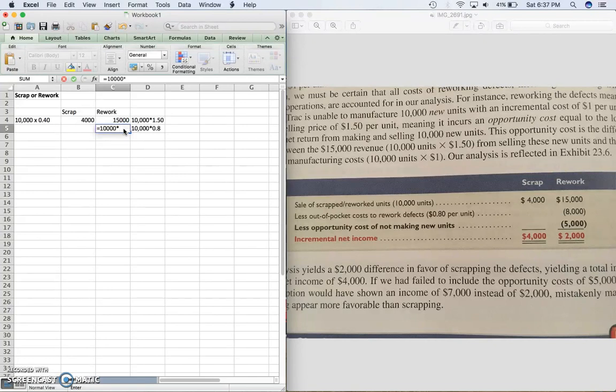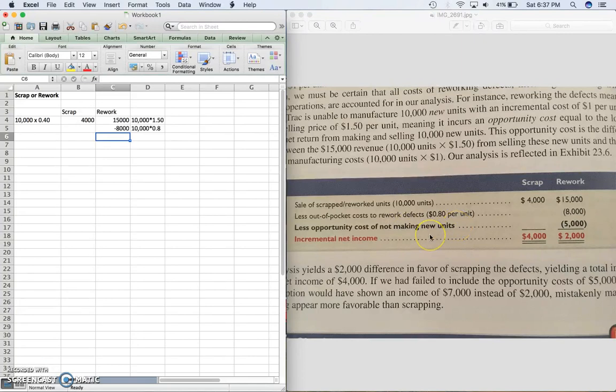It's taking it out of pocket, so we're going to make this negative just to make the equation correct, so it's negative 8,000. Then over here it says less opportunity cost for not making new units.